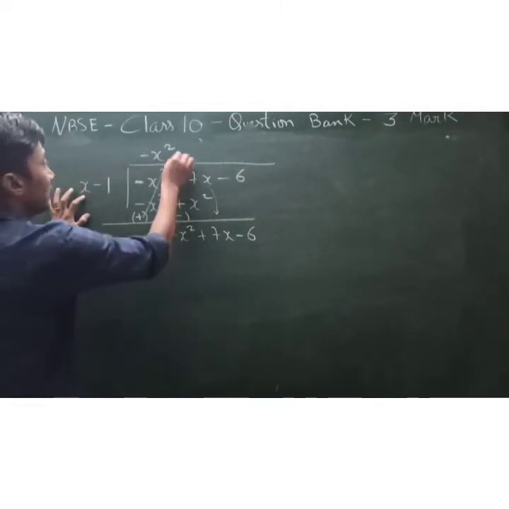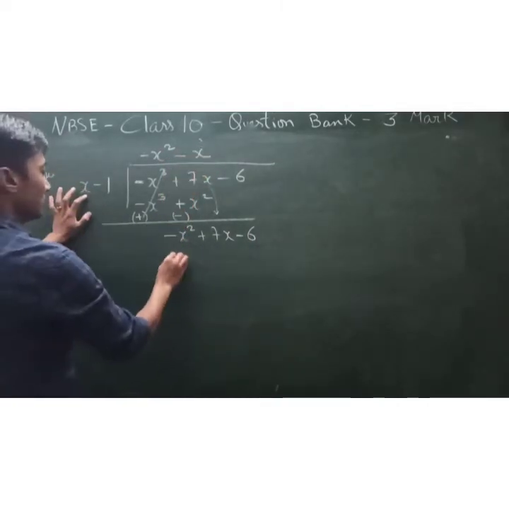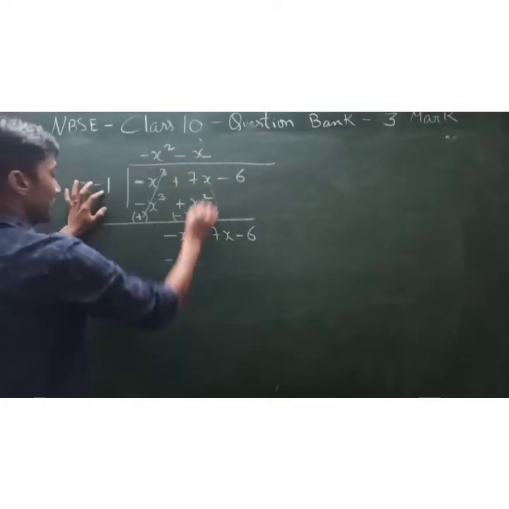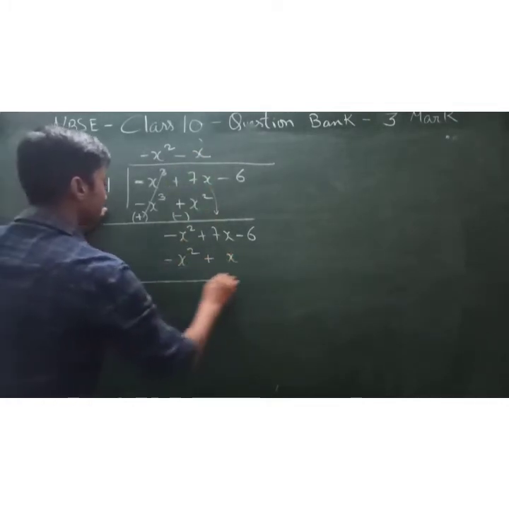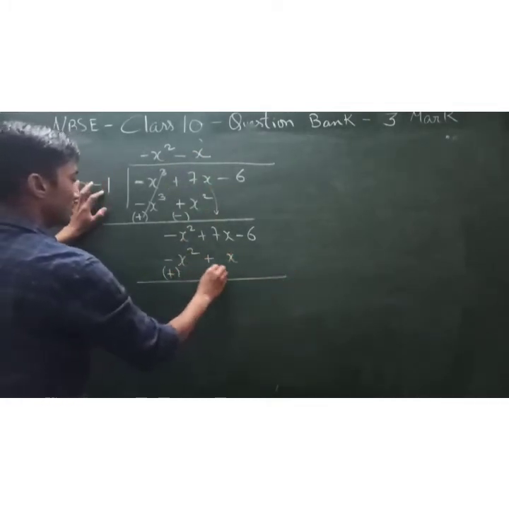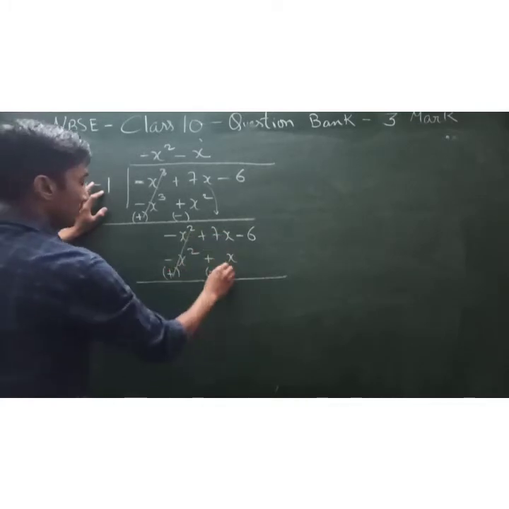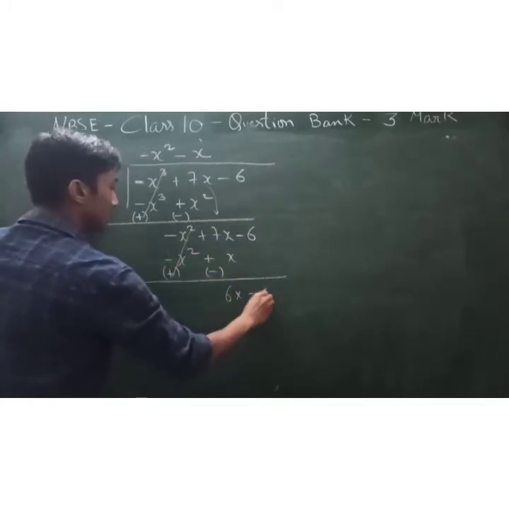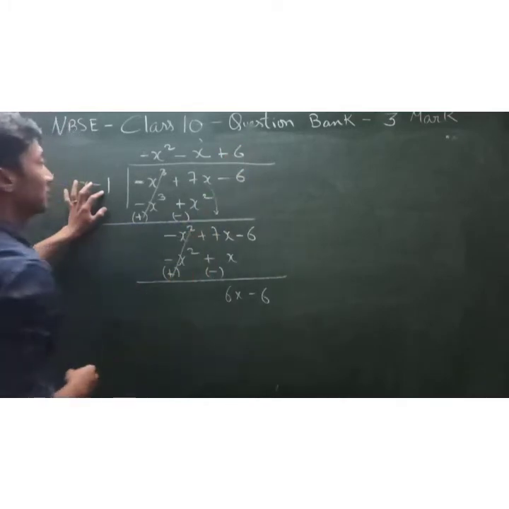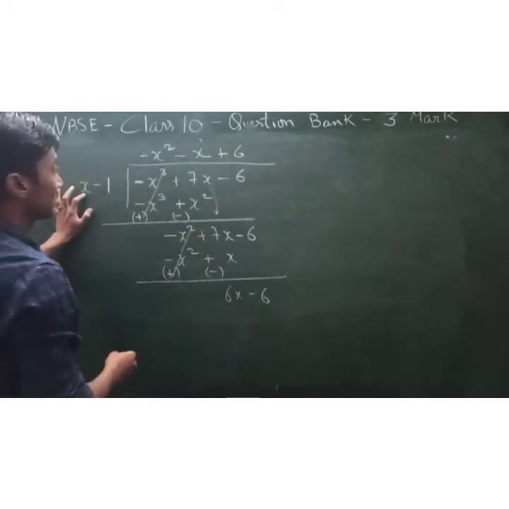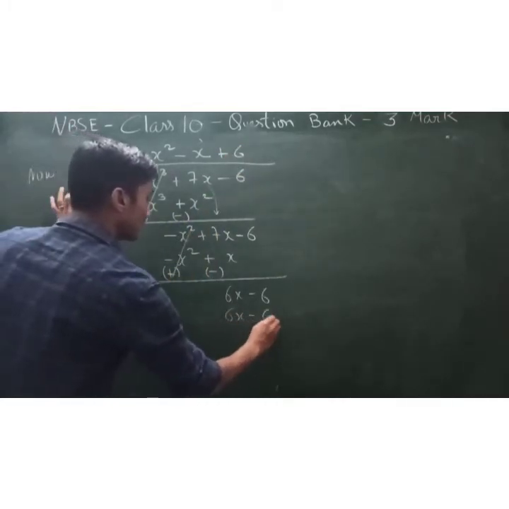So again, minus x. So that's minus x squared, minus minus plus x. So that's plus 7 minus 1, that's 6x minus 6. So multiplying by 6, the factor, 6x minus 6.